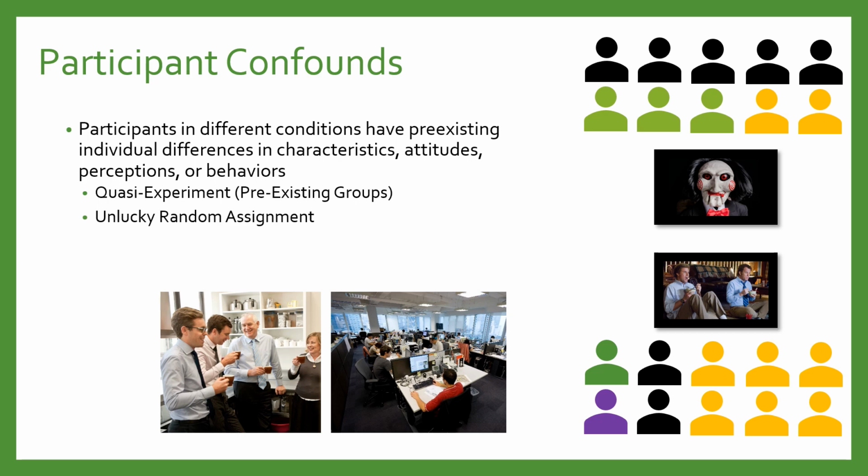They may have come together because they have similar characteristics or attitudes or perceptions or behaviors. So it's problematic if you give a manipulation of the independent variable to one pre-existing group and then a different manipulation to the other, and then you assume that any difference you see between the groups is because of the independent variable. Well, probably not, because they were already in groups that were different to begin with, right? So that's a participant confound.